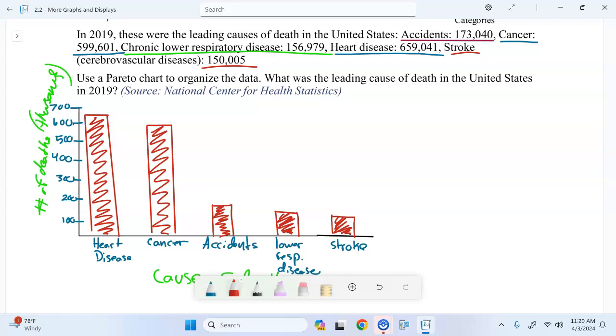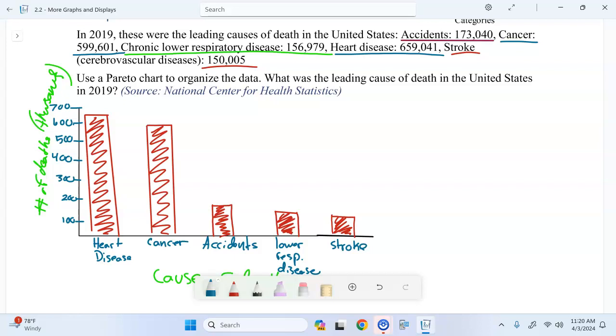What patterns or trends do we see in the way that this data is displayed? Okay, what categories is that? So most of our deaths, by a lot, are heart disease and cancer. So we can see that the leading cause of death is heart disease.